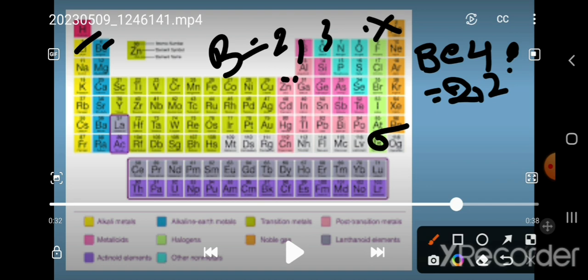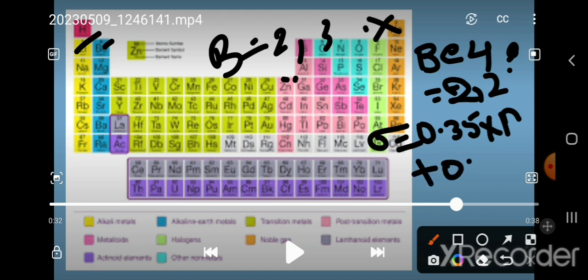Now for the beryllium, how we will find? Then we have told you that for the first shell, here first shell having 1 electron, then the value will be 0.35. How many electrons left? We have 1. Plus, now n minus 1 shell, 0.85 into 2.